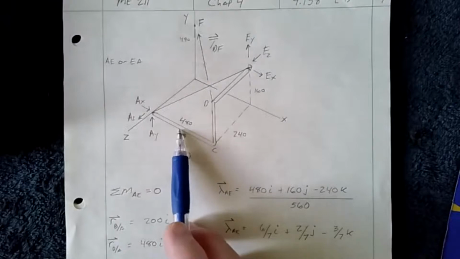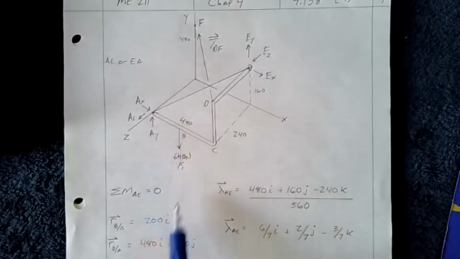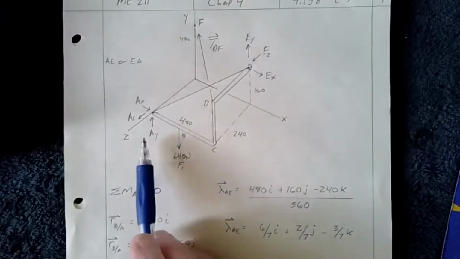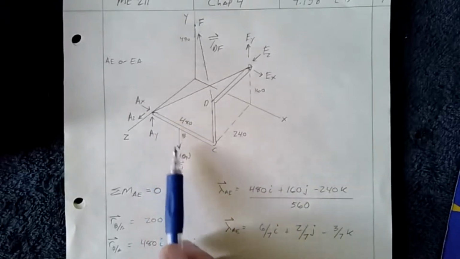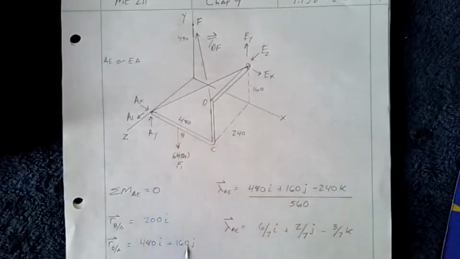So we have to go from the line to the force. So in that case, if we go from A to B, or B relative to A, that's simply going out 200 in that direction. And that 200 was labeled on the original drawing if you go back.